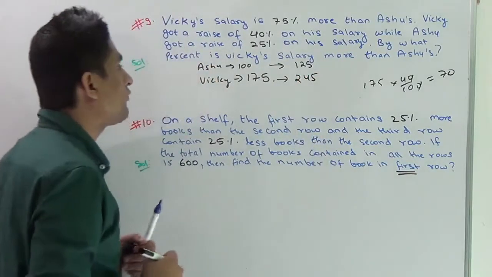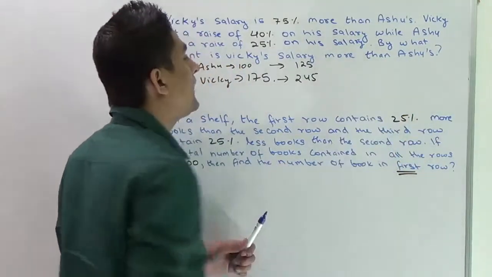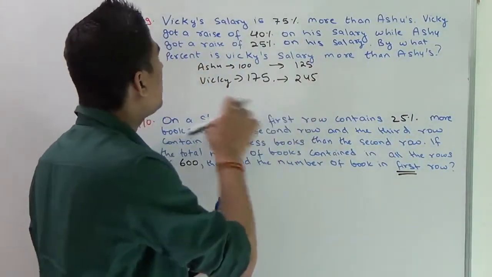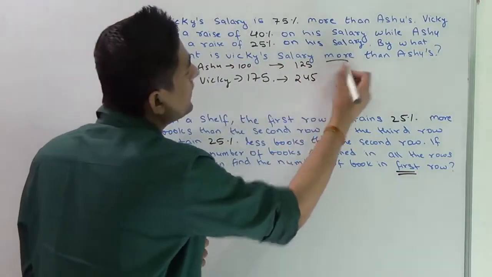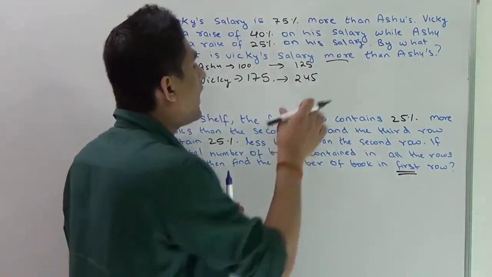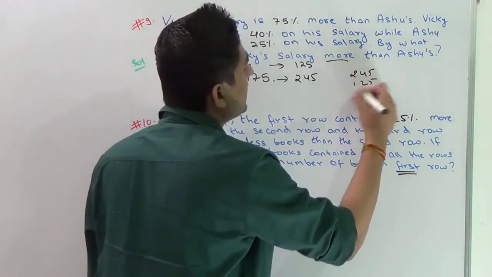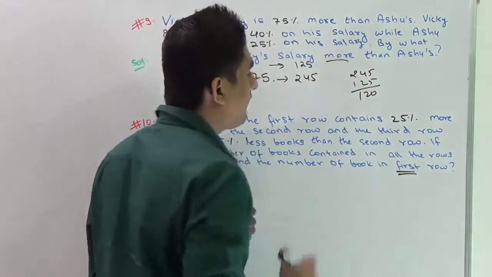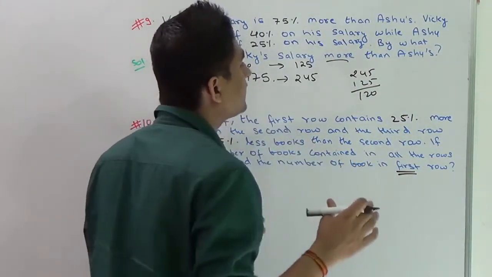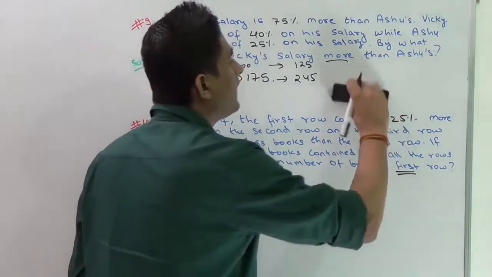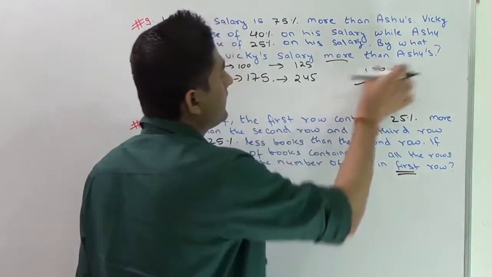Now the salary of Vicky is 245 and the salary of Ashu is 125. That means these are the new salaries. The question says by what percent Vicky's salary is more than, here the word more is written. Let us calculate how much more Vicky's salary is. Vicky's salary is 245, Ashu's salary is 125. That means Vicky's salary is 120 rupees more than that of Ashu's. So I have to calculate 120 upon that of Ashu's.